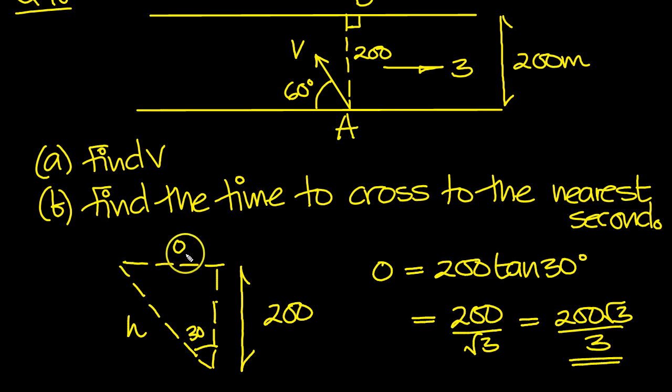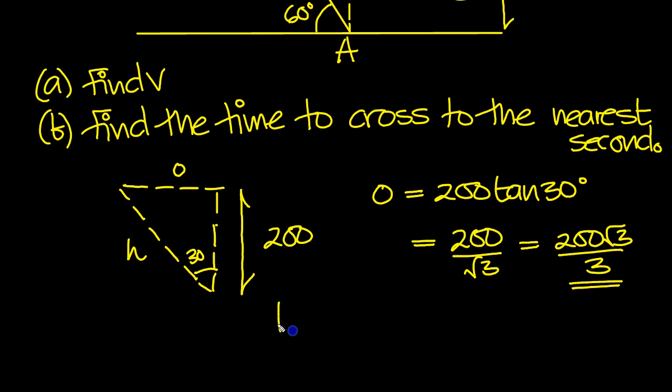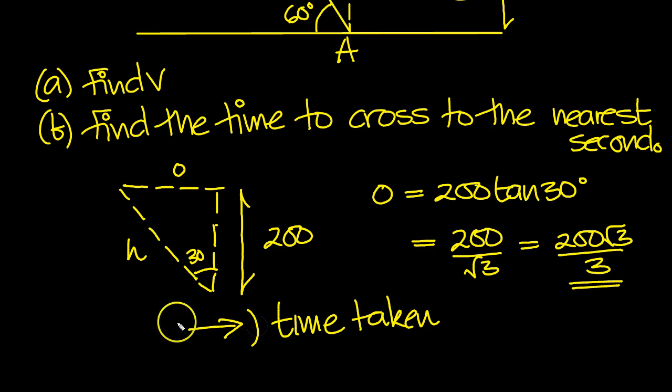Now it goes down here at 3 meters per second. So the time taken in this strip, in this direction, is equal to the total distance over 3, because it's moving at 3 meters per second, distance over velocity.